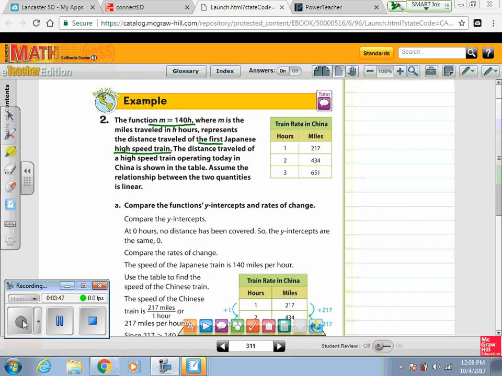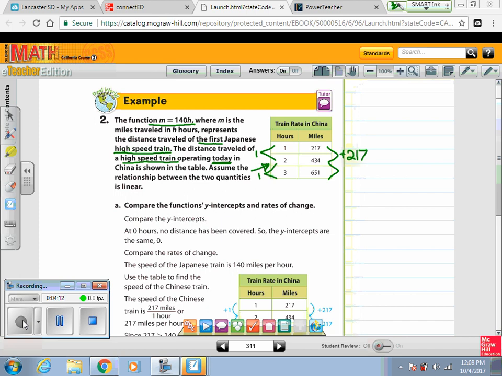Okay? Now the chart gives you the high-speed train operating today. That's the chart one. So we have to figure out what the rate of change is in the chart. And if you look here, it's going up by 1, and here it's going up by 217.